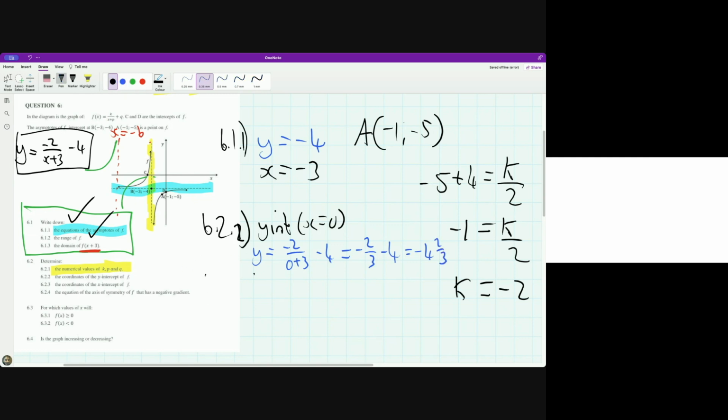To find the x-intercept, okay, let's find the x-intercept. Did they tell us what the x-intercept was? No. So for the x-intercept, you would have to make y equal to 0. And if you make y equal to 0, you have to solve this equation.